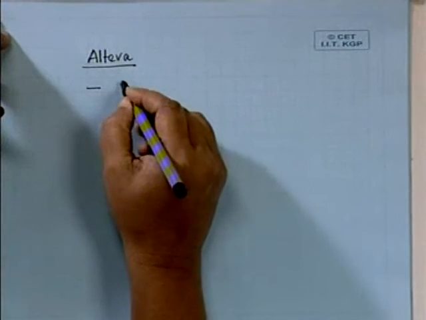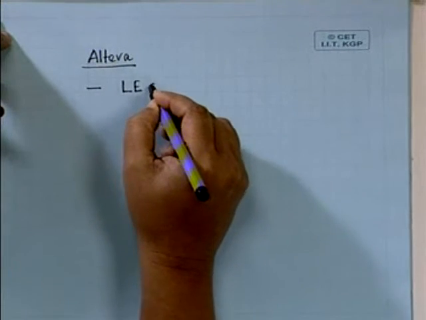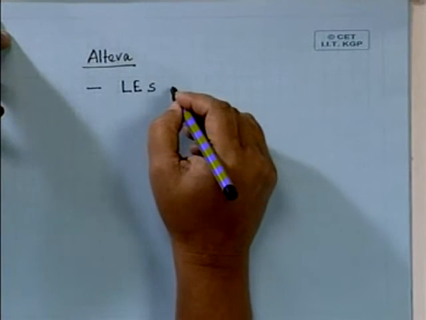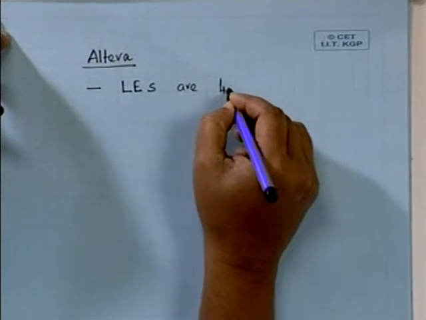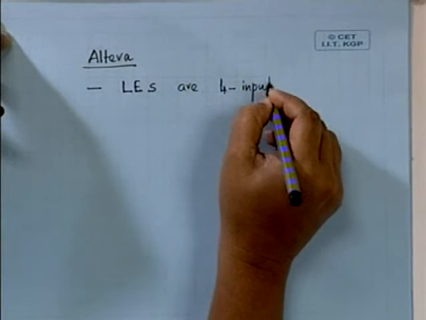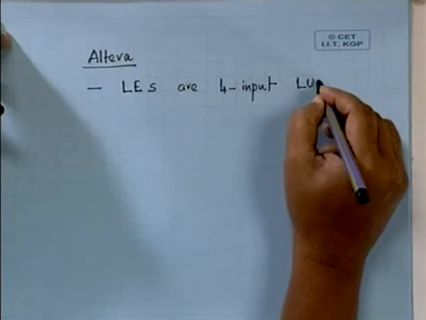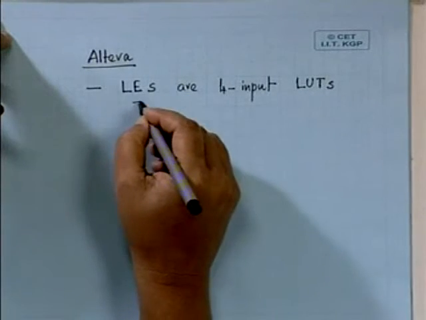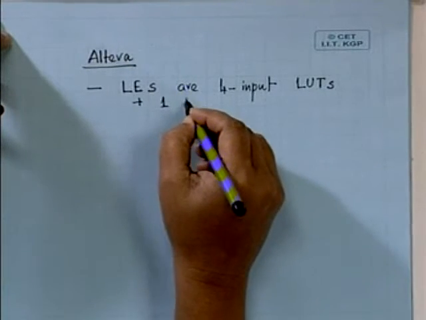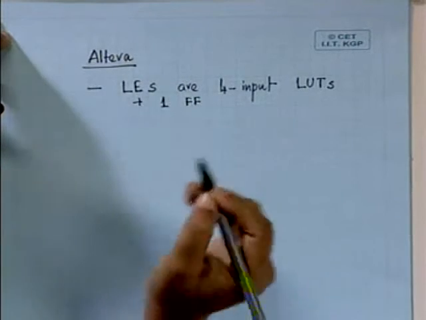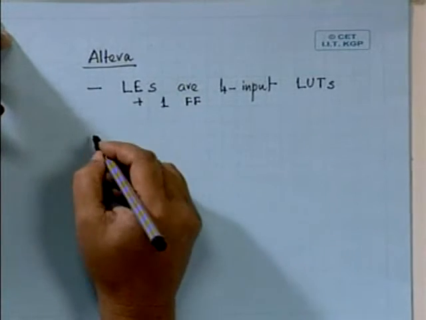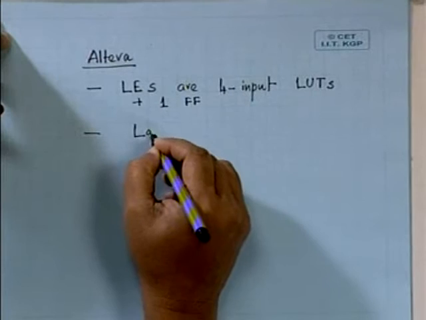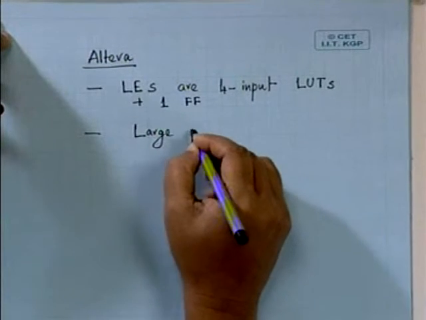Here the LEs, meaning logic elements, are 4 input lookup tables plus 1 flip flop and large blocks of SRAM.